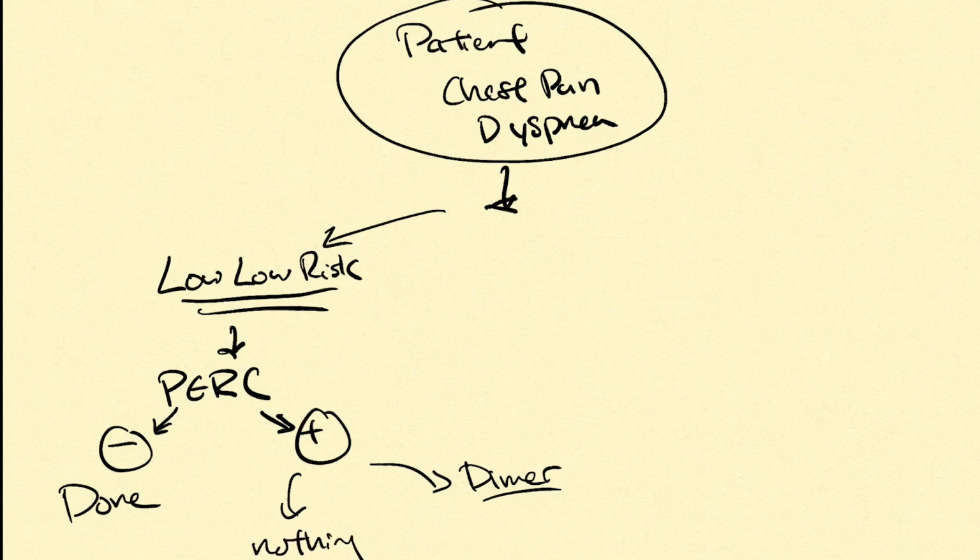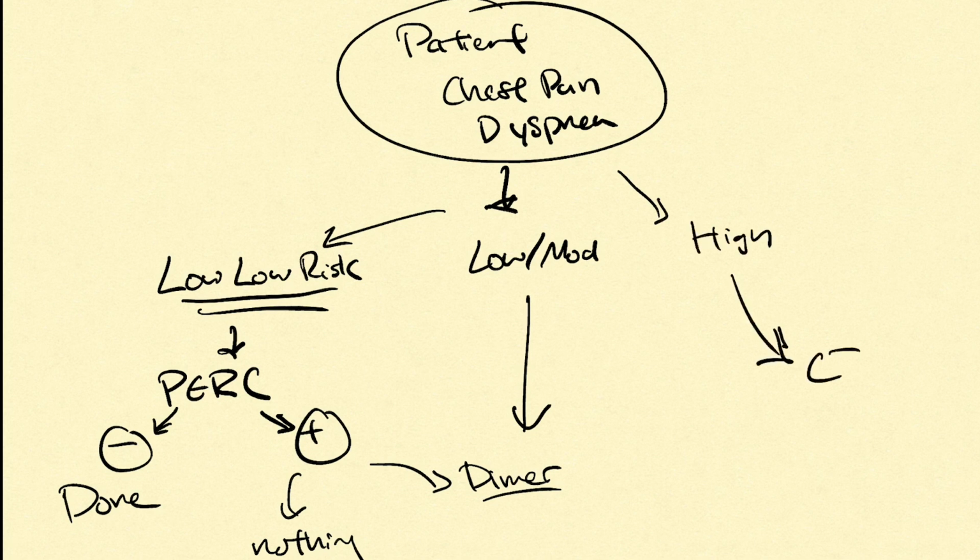Okay? Now, if someone comes in and they have, let's say, a low/moderate risk, then I think I ought to go for the D-dimer. And again, if they are high risk, then I'm going for the CT. And if the D-dimer is negative, then I'm also done.